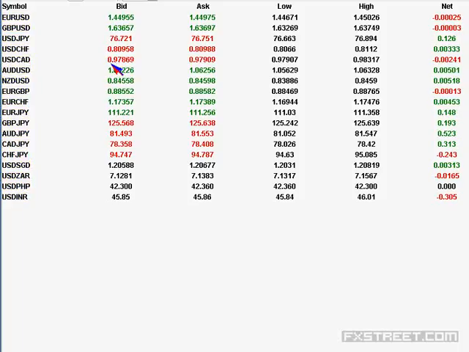Then in the case of commodity pairs, Canadian dollar is showing negative net change as a USD weakening move. It is trading around 97.86, 97.90; 97.90 is the low, 98.31 is the high, and 24 pips negative net change is seen. And the Australian dollar is also showing a USD weakening move.